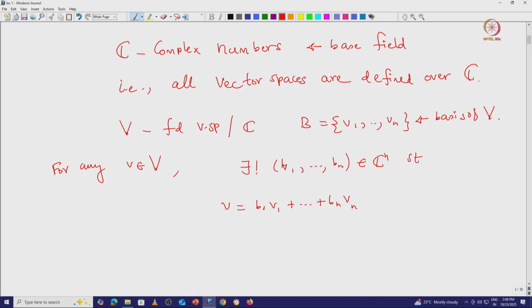These bi's form an n-tuple, and that is called the coordinate of v with respect to the basis B, which is denoted by the bracket [v]_B, the n-tuple of these complex numbers. So, this is called the coordinate of v with respect to the basis B.